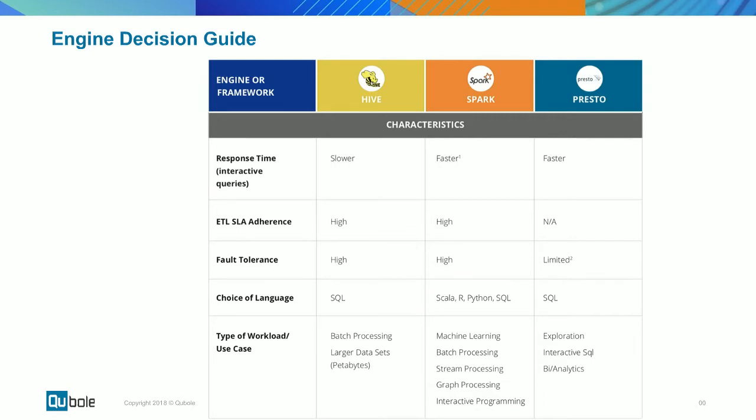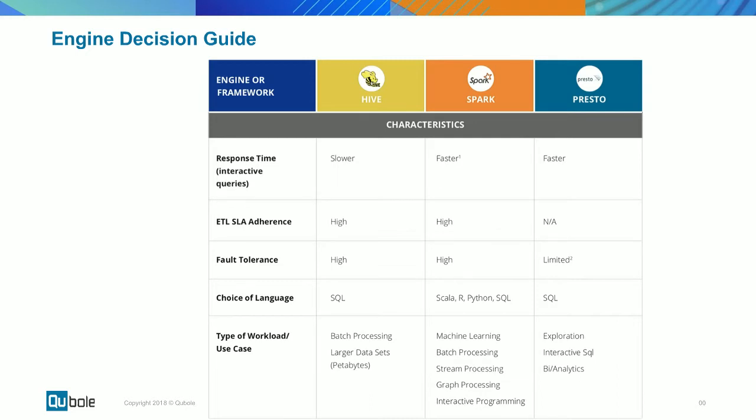If the choice of language is important, then SQL works well with Hive, and of course Presto and Spark. If you need programmatic access, I would stick to Spark. And then another point to help you decide is the type of workload. Batch processing, I'd stay with Hive.